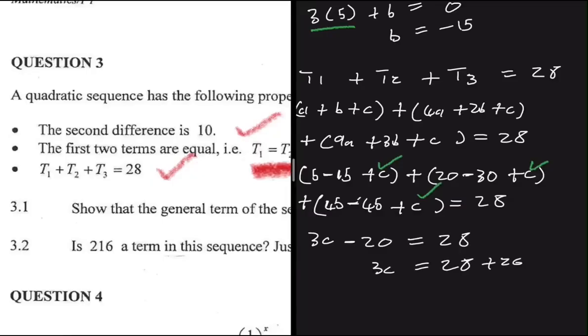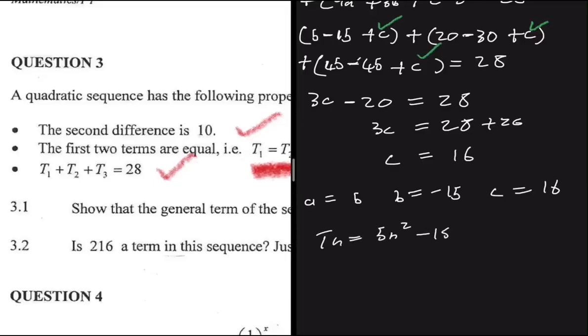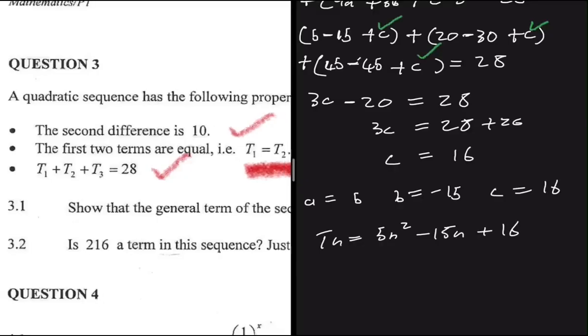Then we divide by 3 on both sides to get c equal to positive 16. So we have deduced that a is equal to 5, b is equal to minus 15, and c is equal to 16. So we have Tn being equal to 5n squared minus 15n plus 16, which is what we are required to prove. So we're good to go now.